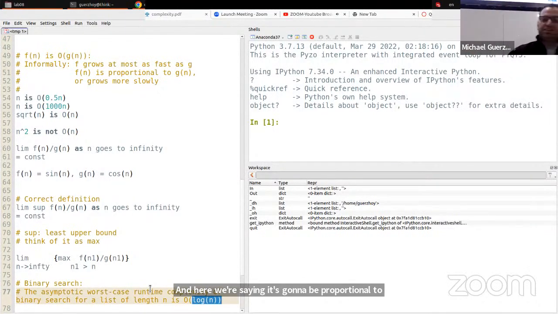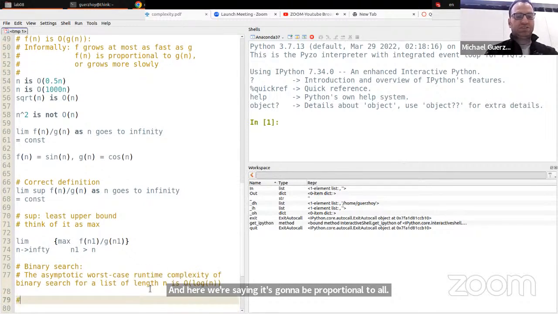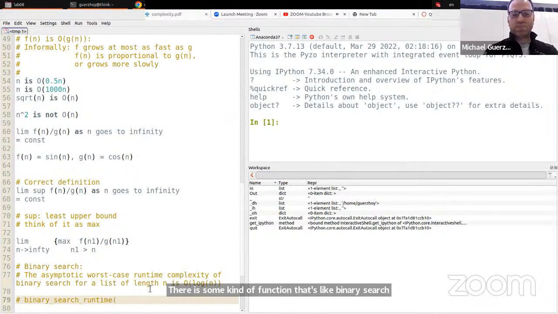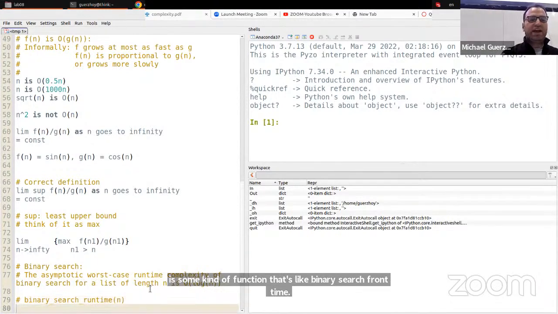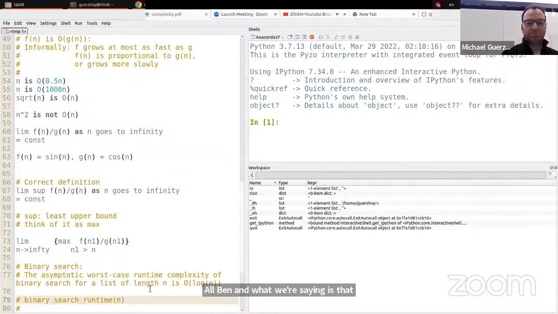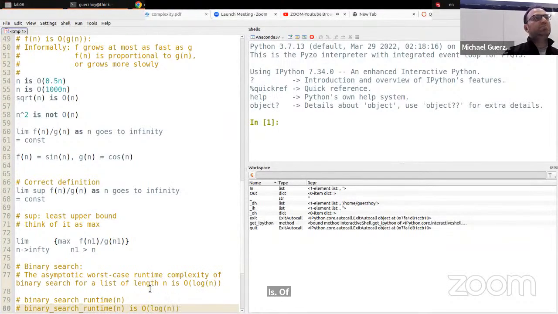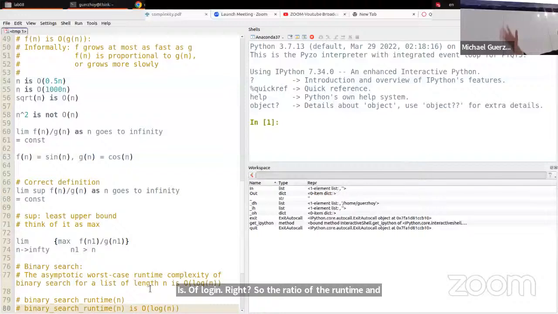So going back to this definition, there is an actual runtime. There is some kind of function that's like binary search runtime of n, and what we're saying is that this function, binary search runtime, is O of log n, right? So the ratio of the runtime and the function log n is constant.